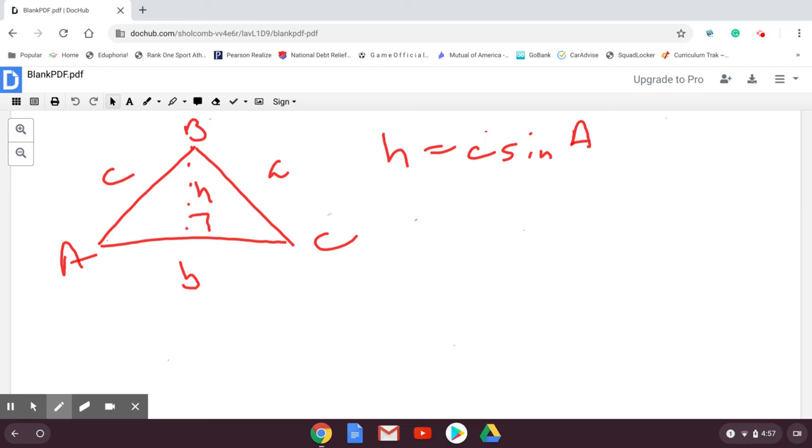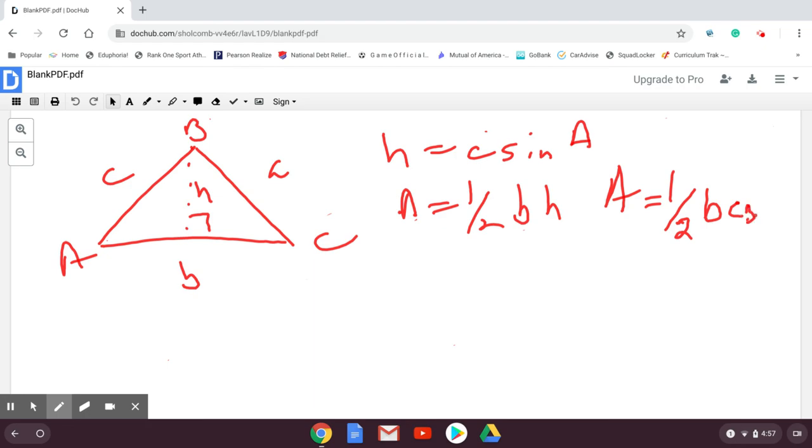When you plug that back into area equals 1/2 base times height, well, now we can take out that height and we could instead say that area is equal to 1/2 base times c sine of A. I'm going to run out of room here. Right there. And so we're going to use either of these formulas to find area.